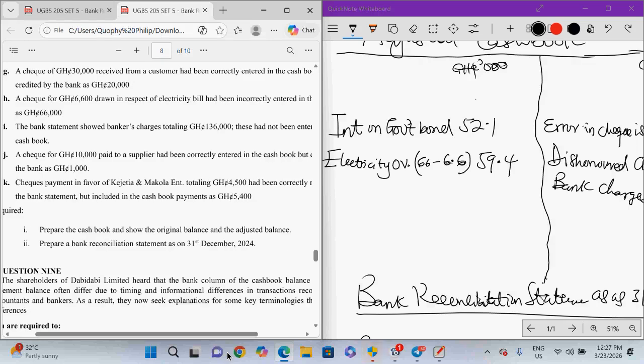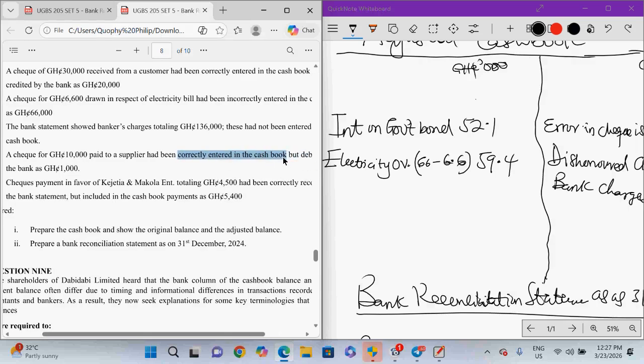It will go to the bank reconciliation statement. Exactly. Because it has been correctly entered in the cash book. So something that has been correctly done, do you do it again? No. Right, it has been correctly entered. So it's not affecting the cash book, it will come to the bank reconciliation.